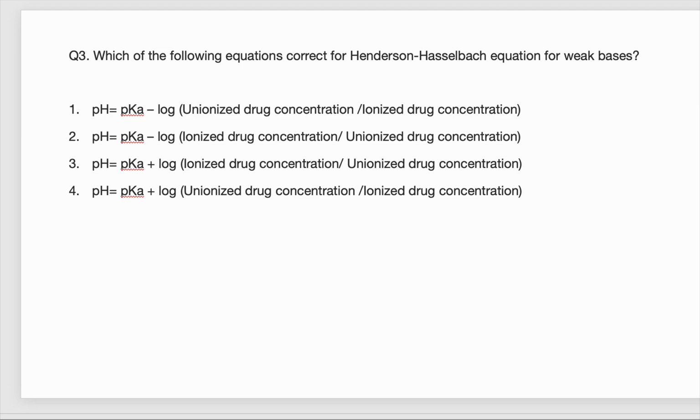In case of acid, it's pKa plus log of ionized by unionized part, A minus by AH.